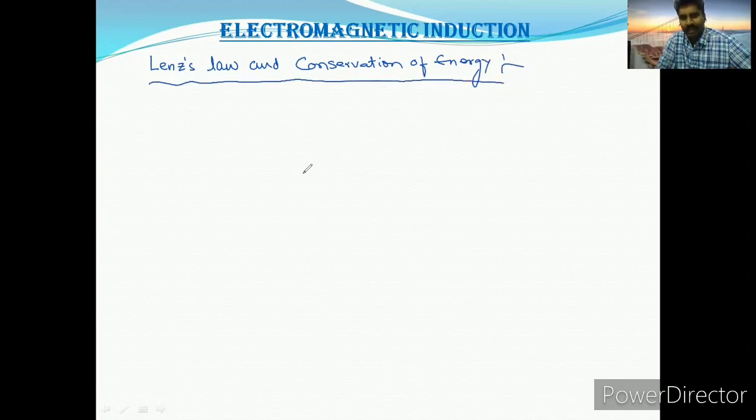Lenz's law is the fundamental law involving the law of conservation of energy. It helps to decide the polarity. Polarity means the direction of the induced EMF or induced current in the coil. So Lenz's law tells which direction the EMF or induced current will be produced.